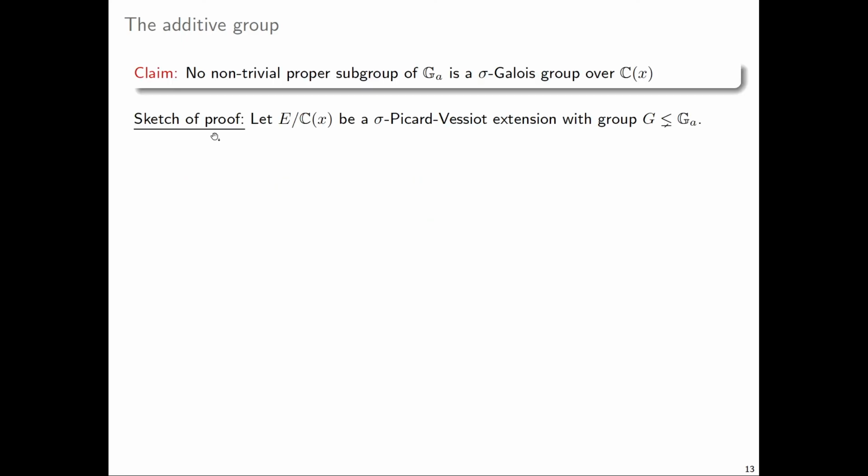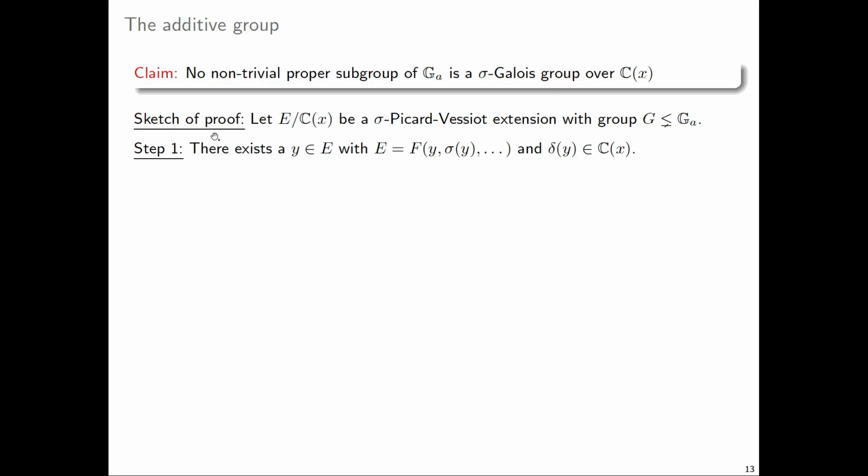Okay, so for this claim, let's assume that we do have a Picard-Vessiot extension with a proper subgroup of GA, and we want to show that G is the trivial group. In the first step, we show that such a sigma Picard-Vessiot extension can always be obtained by adjoining one antiderivative and its images.